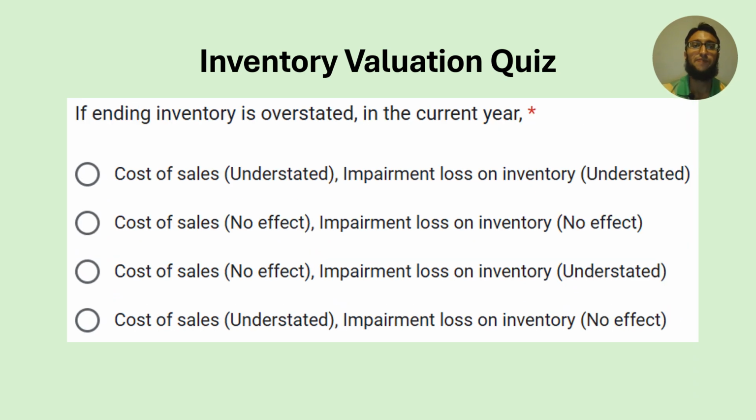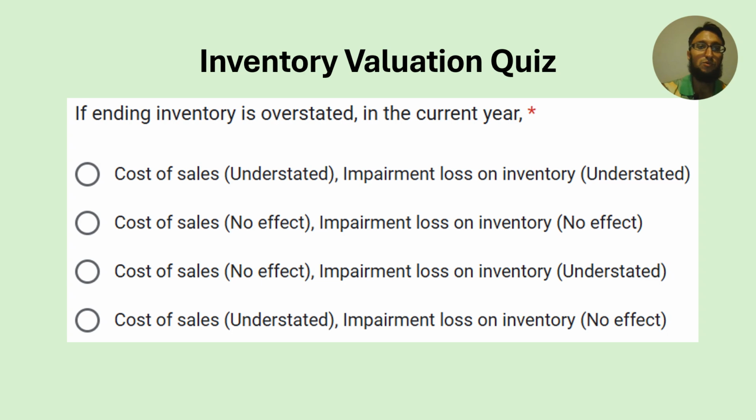Next question is about effects. If we do not record the write-down of inventory when needed, what will happen is inventory will be overstated. Alright, we are also supposed to subtract the impairment loss on inventory account.